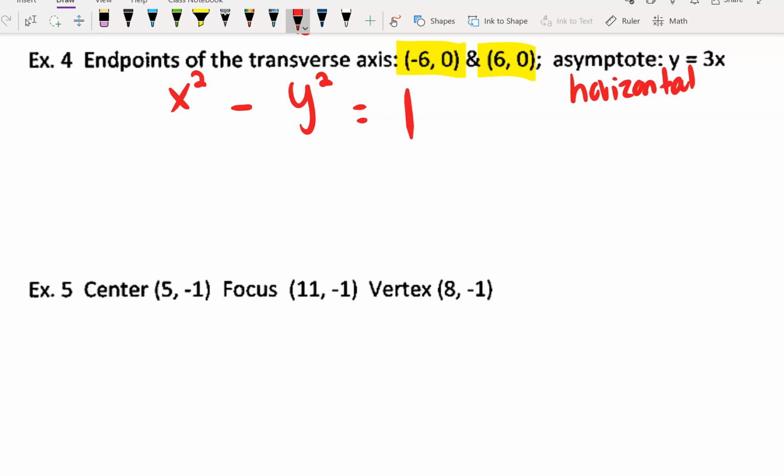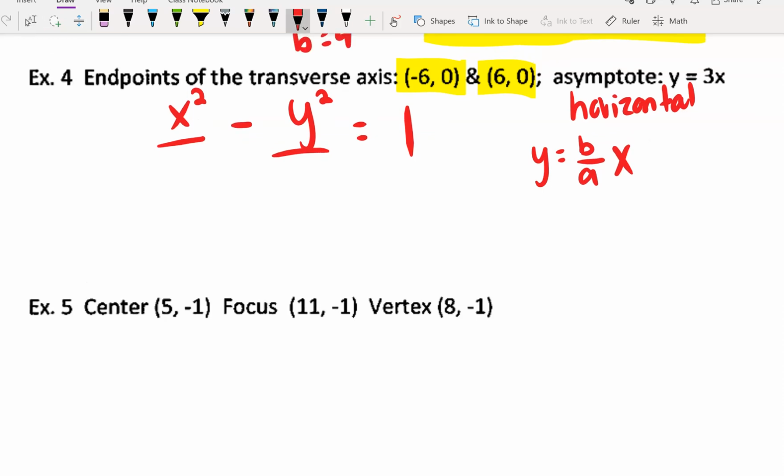Well, if we have horizontal, the formula for the asymptote is going to be y equals b over a x. So that's backward from if it was vertical. Let's see, what do we know? We know our a value, the endpoints of the transverse axis. That's our a value. A is 6. Let me find a good place to write it.